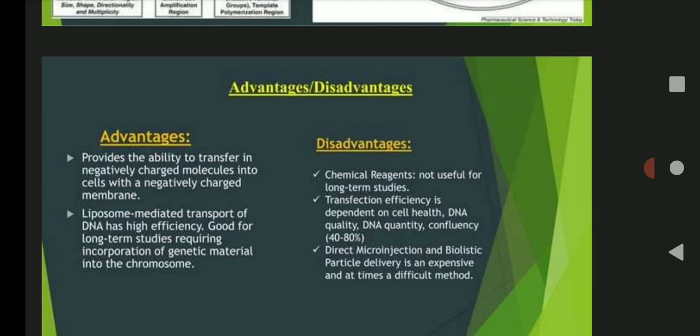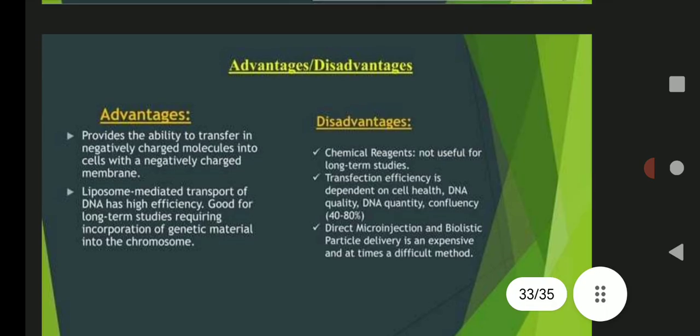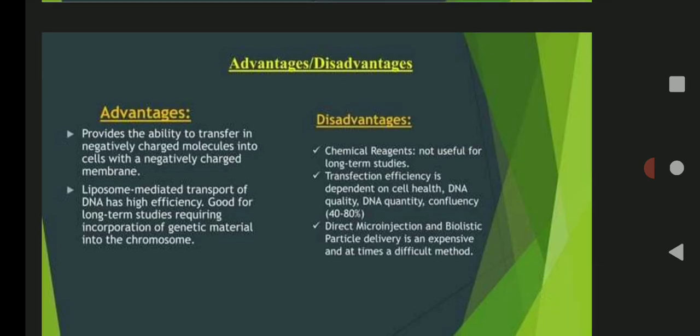The disadvantages: in the case of the chemicals, the reagents are not useful for longer term studies, and transfection efficiency depends upon the cell health, the quality of the cell, and the quality of the DNA we are using. Direct microinjection and biolistic methods are highly expensive and require highly trained officials for the incorporation.